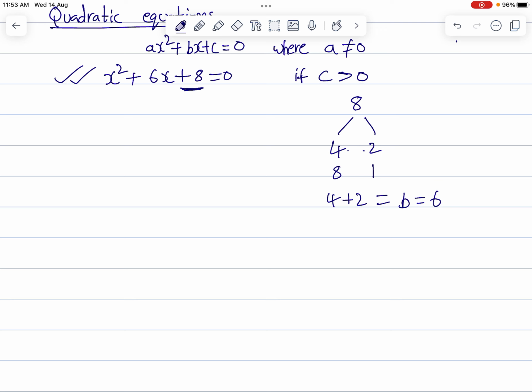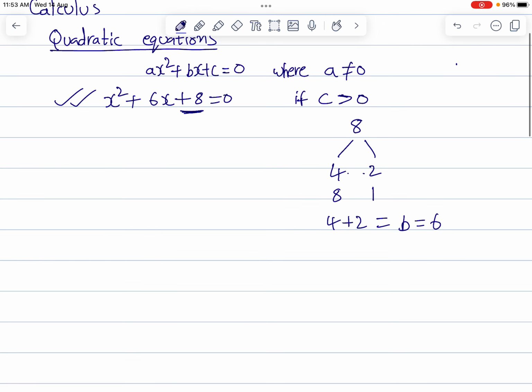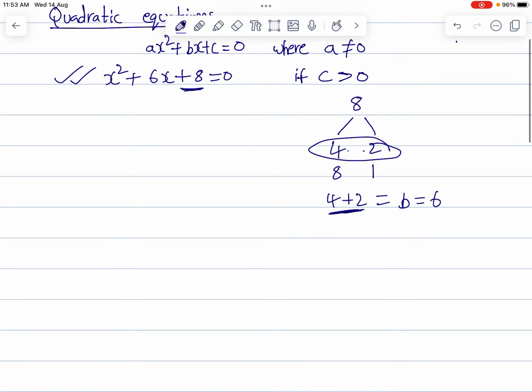So we have to split c into factors such that 4 plus 2, the addition of the two factors, is equal to b. Whether b is negative or positive, it is fine. Our aim is to see that the sum of the two factors is the value of b.